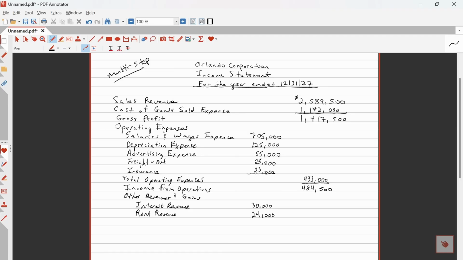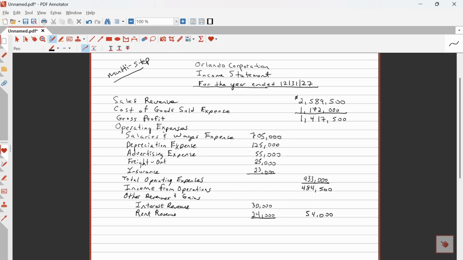Rent revenue is 24. We won't have a subtotal here that says total other revenues and gains. We'll just put the net of these two numbers right here. Like that. So those are the non-operating revenues.